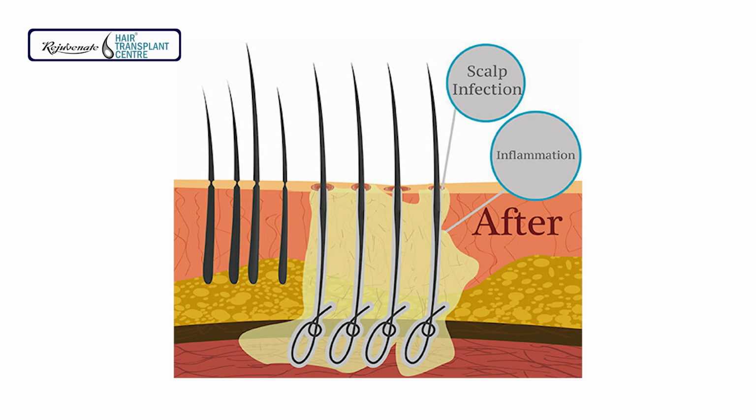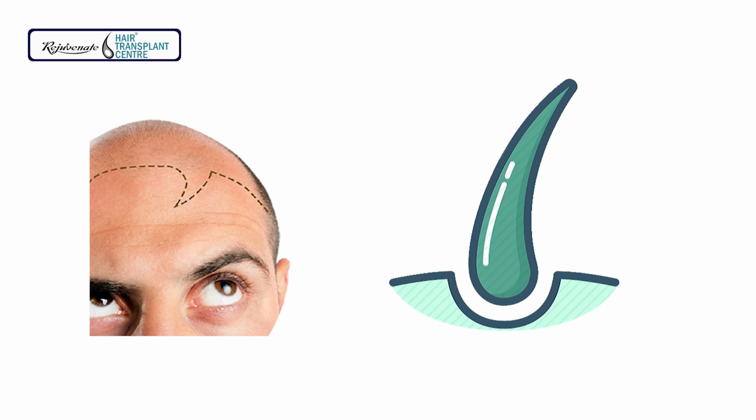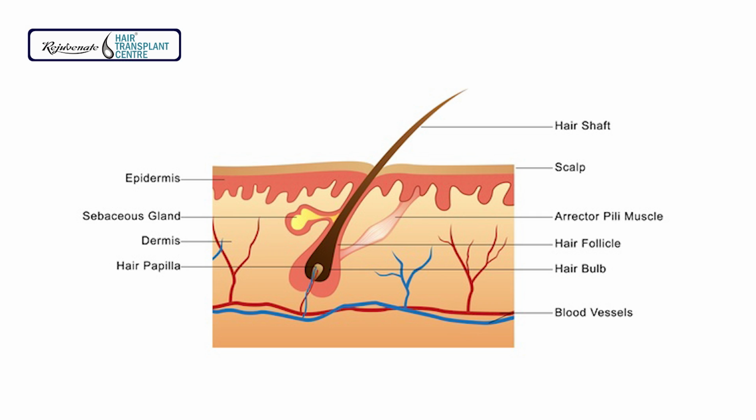So when these synthetic hair fibers are implanted in the skin, one should understand that some part of the synthetic fiber is inside the skin and some part is coming outside. There is a difference in this. It means there is a track which is communicating with the inside of the body.